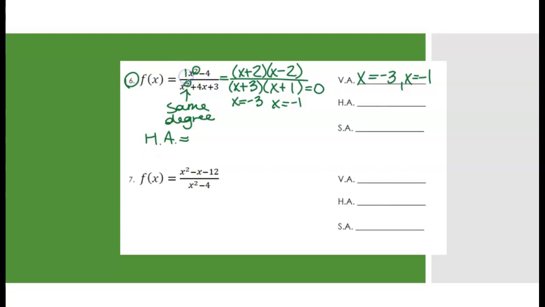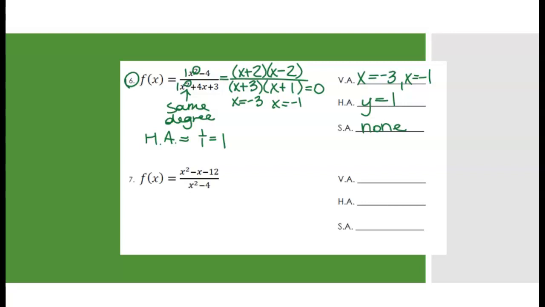So 1 over 1 equals 1. So my horizontal asymptote is at y equals 1. And because there's a horizontal asymptote, there is no slant asymptote. Very nice. Of course, yes, we can do 5. That did have the second most votes.